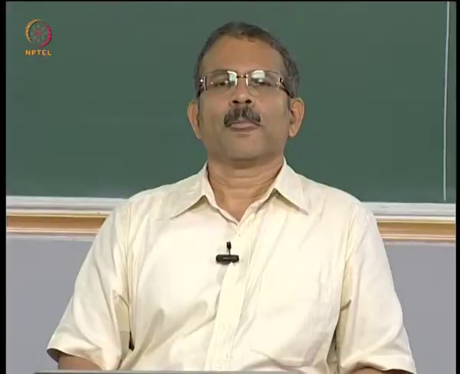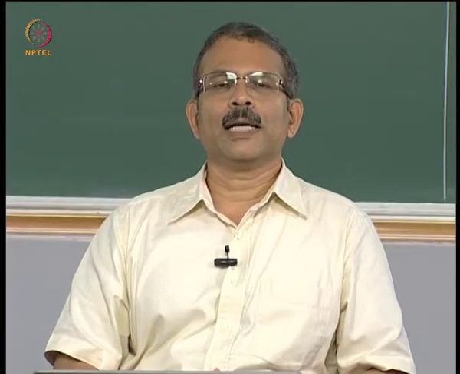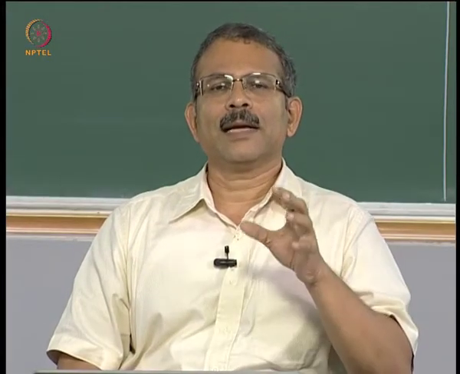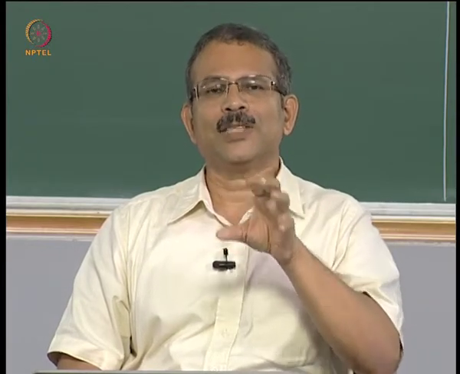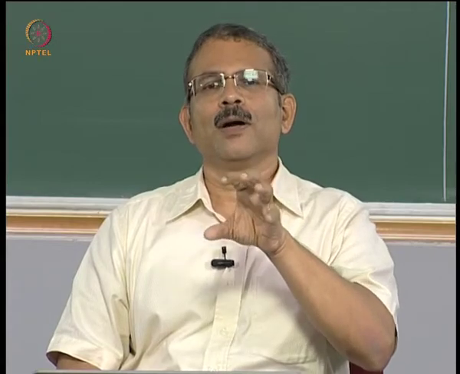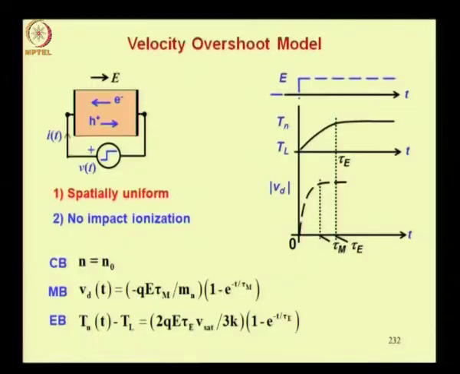You will recall from the qualitative modeling that we had said that the fact that tau m happens to be less than tau e, or much less than tau e, is actually very important for the velocity overshoot to occur. Okay, now we do not seem to have got the velocity overshoot yet. Now that is just one step ahead.